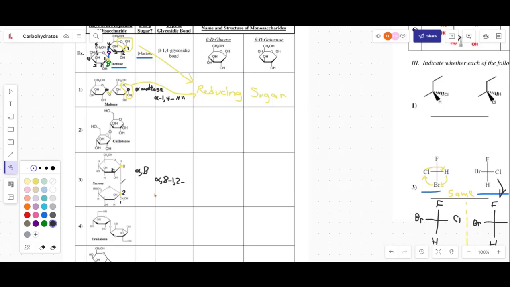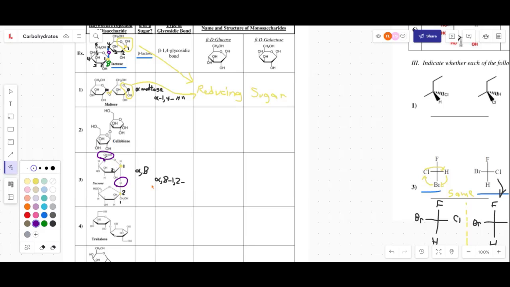If I wanted to be a real stickler, what really causes it to be alpha or beta is not simply that it goes up or down. What really causes it is that the oxygen attached to the anomeric carbon and the group attached to the last carbon in the ring, the one connected to the attacking oxygen, are on opposite sides.